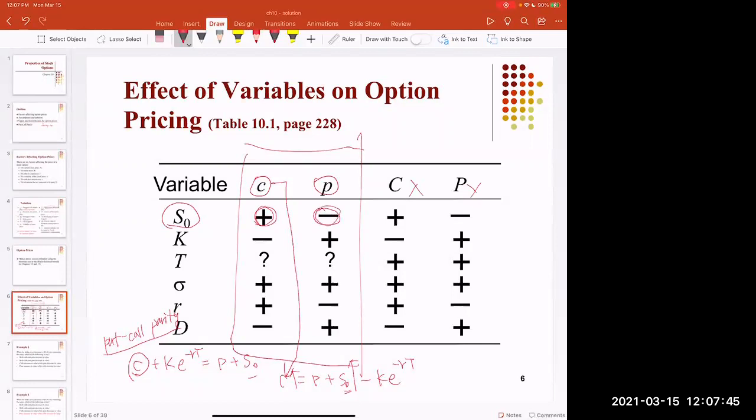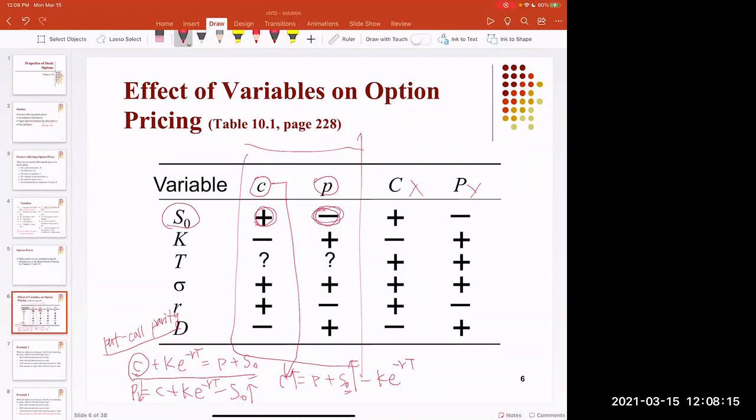From this formula, we can leave P on one side and all the others on the other side. We get P equals K discounted minus S0, because we need to move stock price to the left-hand side, so minus S0. So when the underlying stock price goes up, P goes down. That's why it's negative.